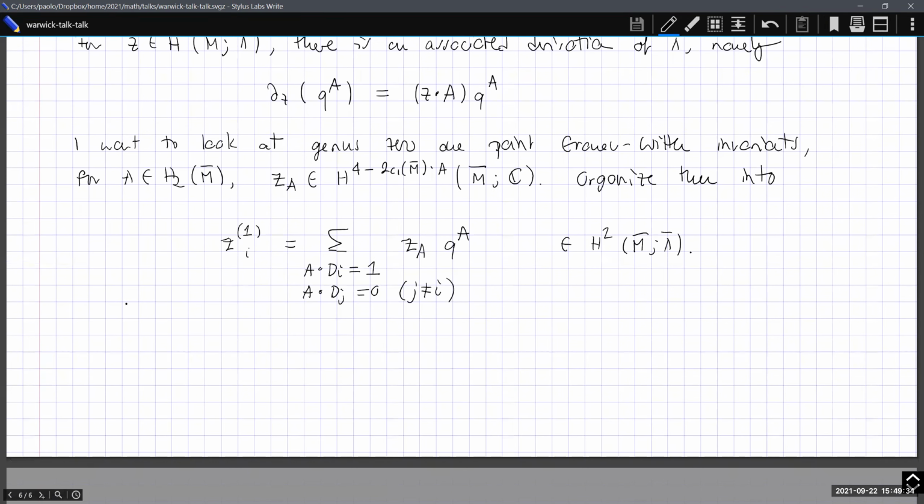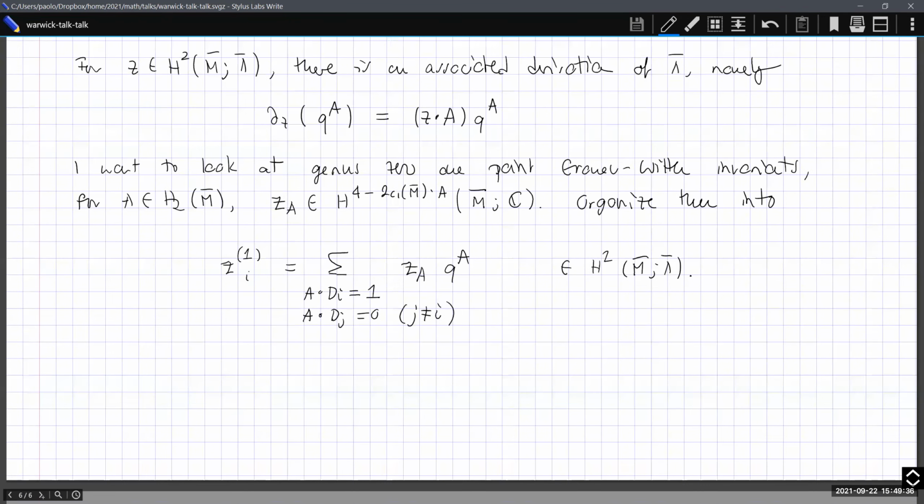All right, so associated to these, there's one of them for every irreducible component, derivations, which I would just call D1 through Dm, just to shorten the notation, of lambda bar.